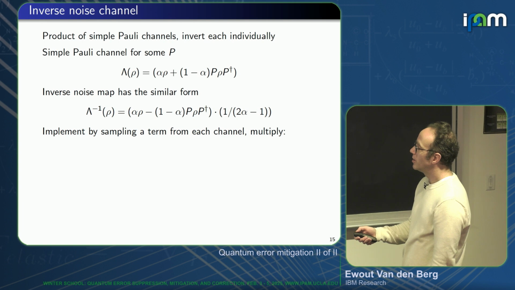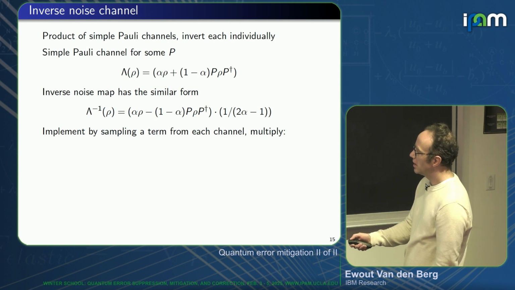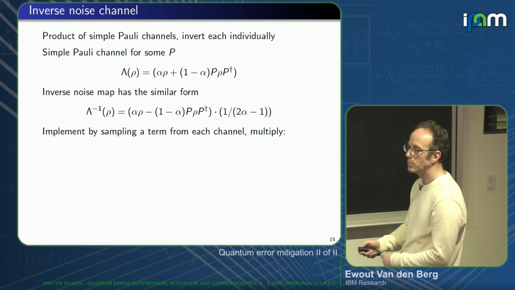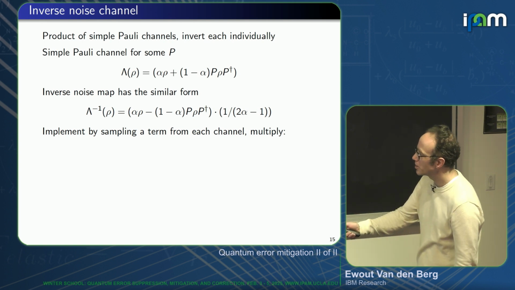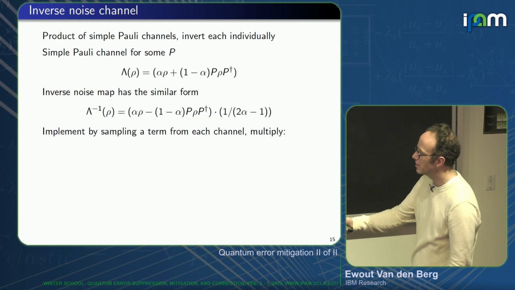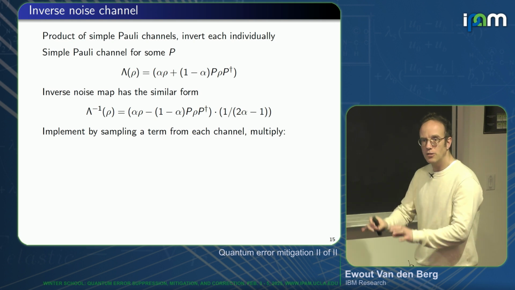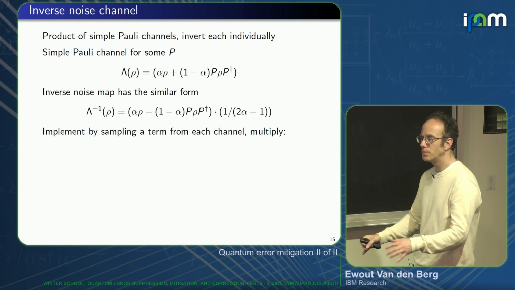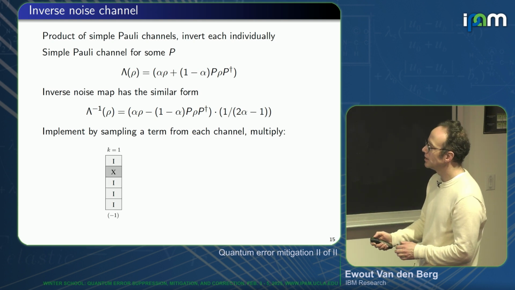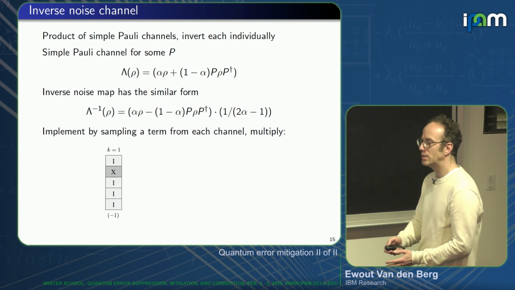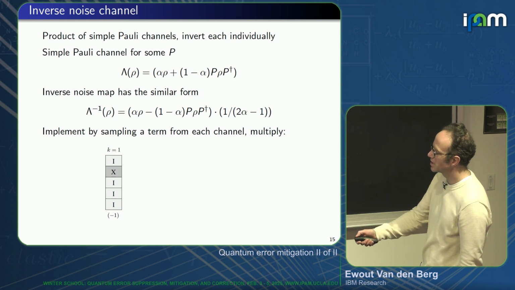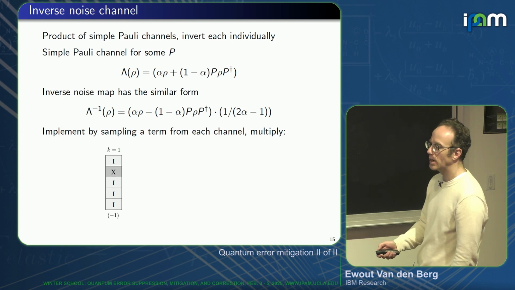So we can then implement this by sampling a term from alpha or 1 minus alpha, right? And with the sign, we need to keep track that this was a negative, and we have the scaling factor. So if we want to invert all of the channels, we just per channel sample something and just pre-multiply it with that term. So what happens is let's say the first term, we sample this Pauli, it has a weight -1.